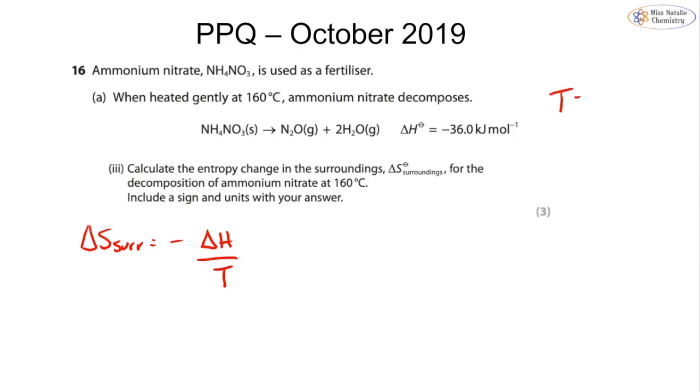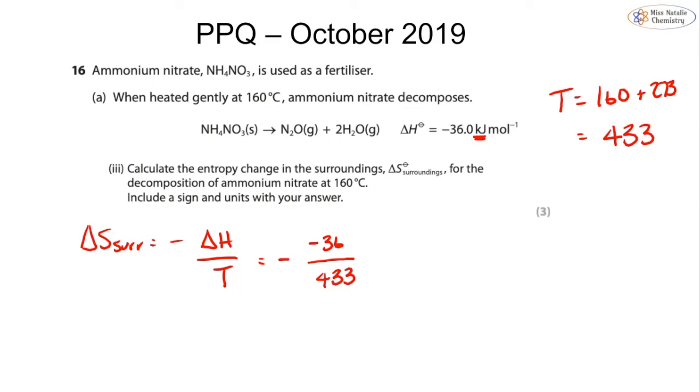So our T is going to be 160 plus 273, because we have to change it from Celsius into Kelvin, and that gives us a value of 433. So we have our entropy of surroundings is minus 36 divided by 433. Now, the issue here is that this is in kilojoules per mole, so I can either convert it at the start or at the end.